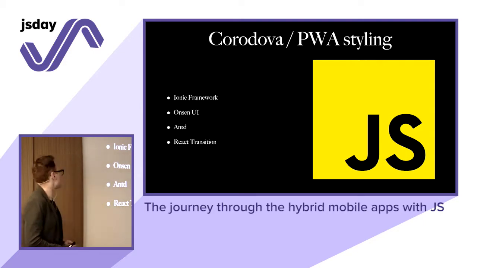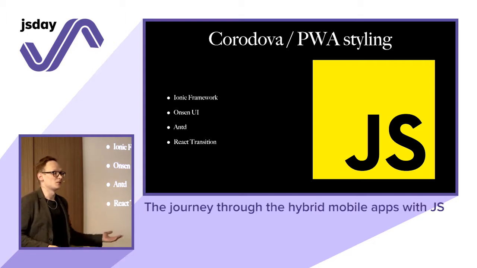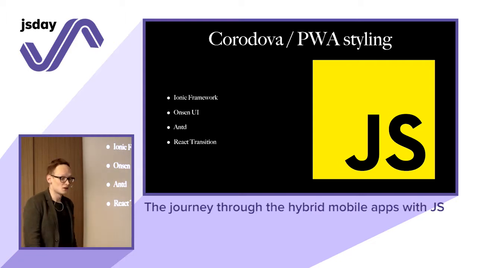They are quite good, and currently I'm working on a side project written in Onsen UI. It's kind of a PWA, which at any given moment can be wrapped into Cordova and delivered to the market if needed.